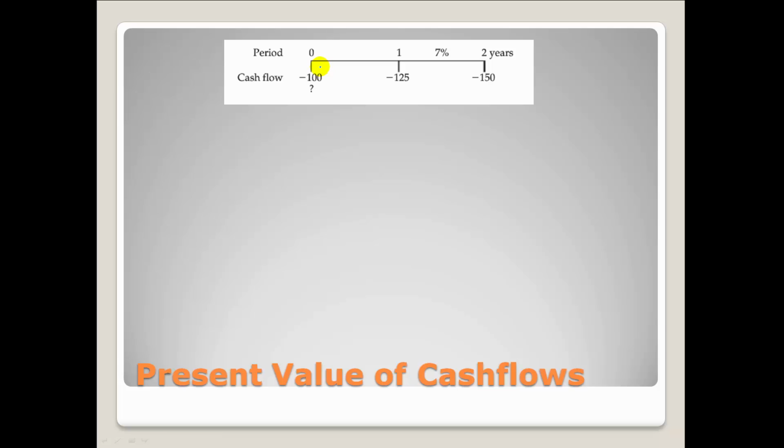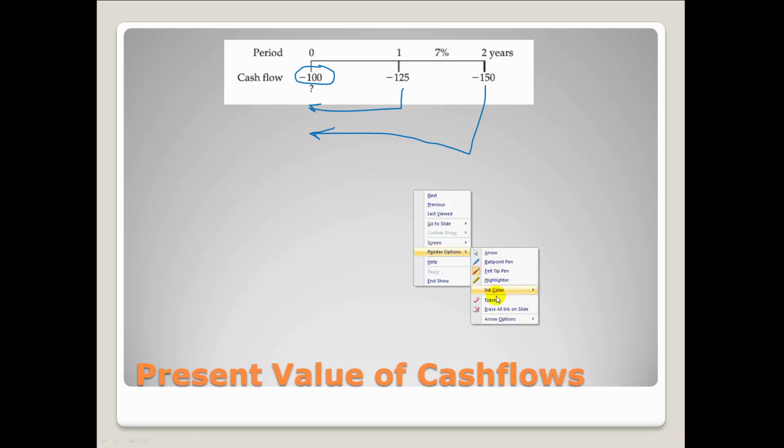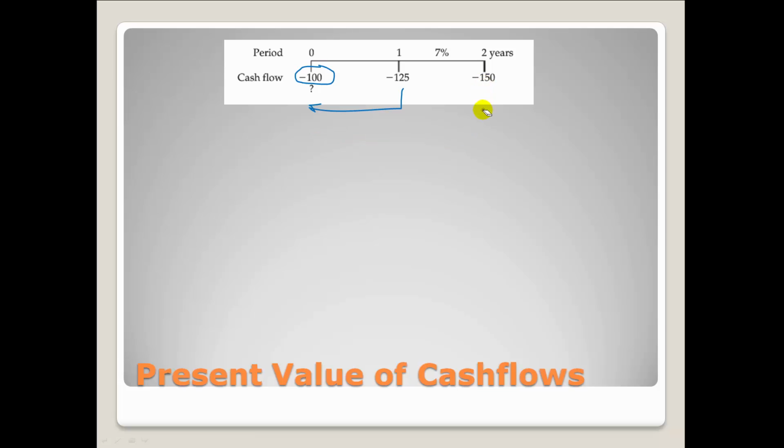What are we doing? Obviously, there's nothing that's going to be discounted on this first $100, but we're definitely going to be discounting this 125, and we're going to be discounting this 150. And I'm right-handed, so when I have to draw lines to the left, I do a miserable job of it.